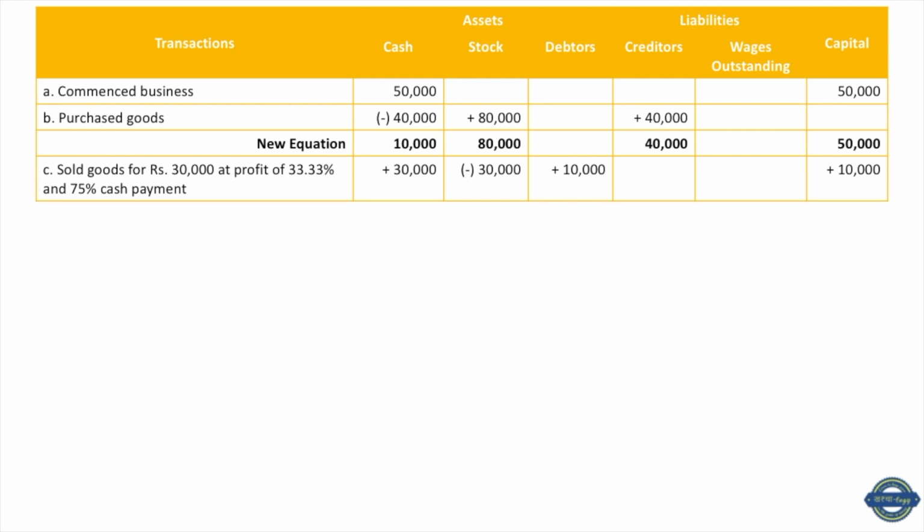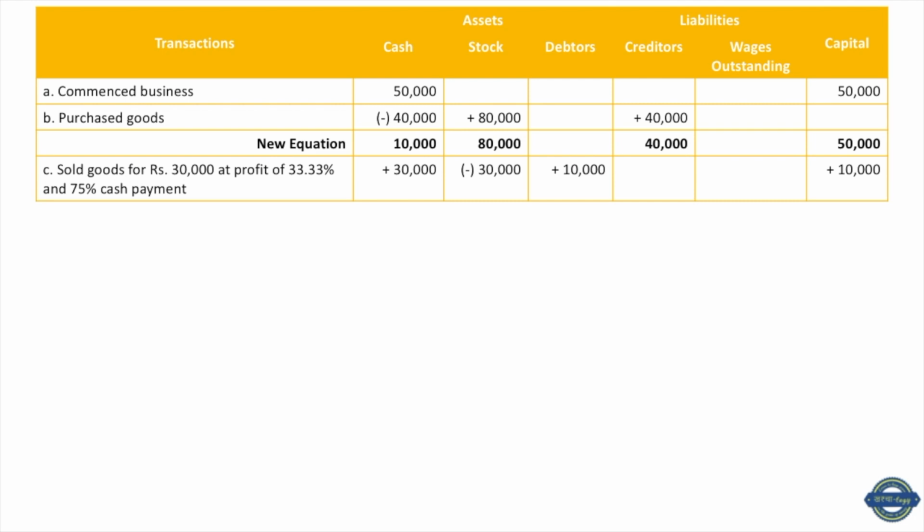Since the goods were of cost rupees 30,000, we will deduct rupees 30,000 from stock, and this was sold at a profit of 33%. What is the 33% of 30,000? That we get is 10,000. So the sale price of this goods is 40,000. Therefore, since the profit is of 10,000, we will add this profit under capital.